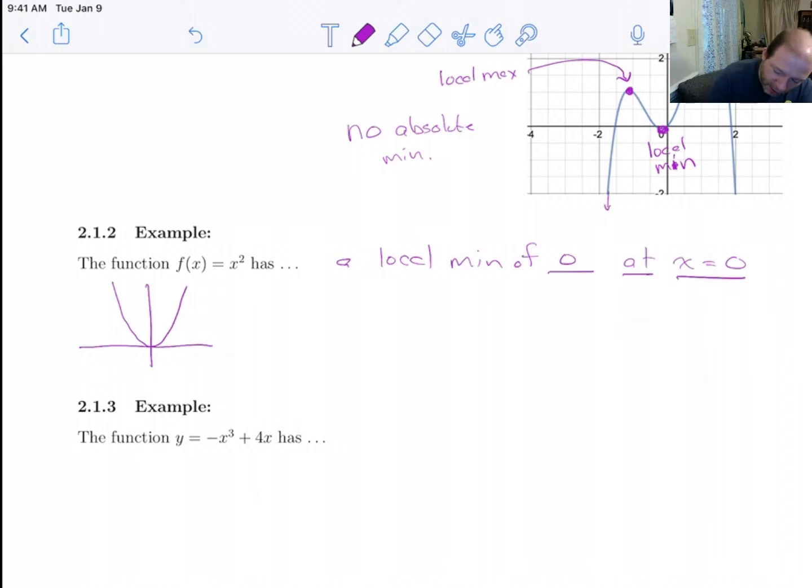So notice this right here is the y value, and x equals 0 tells us where it is. So this has a local min of 0 at x equals 0. And this is also a global or absolute minimum.